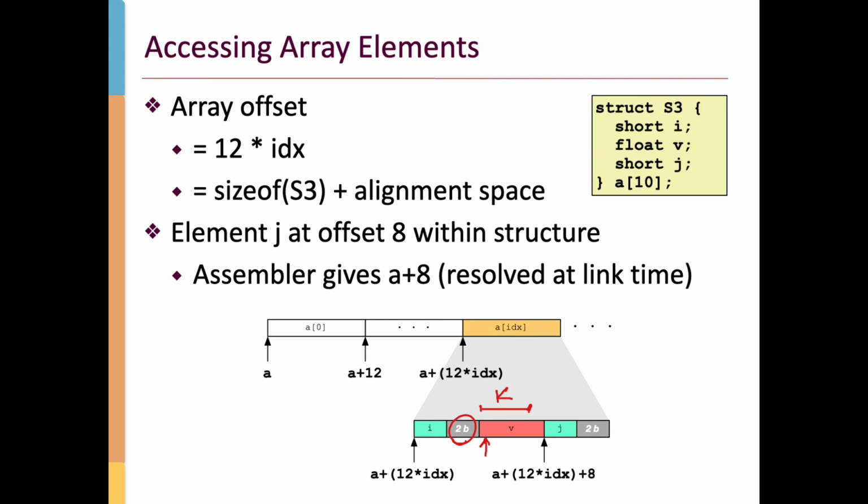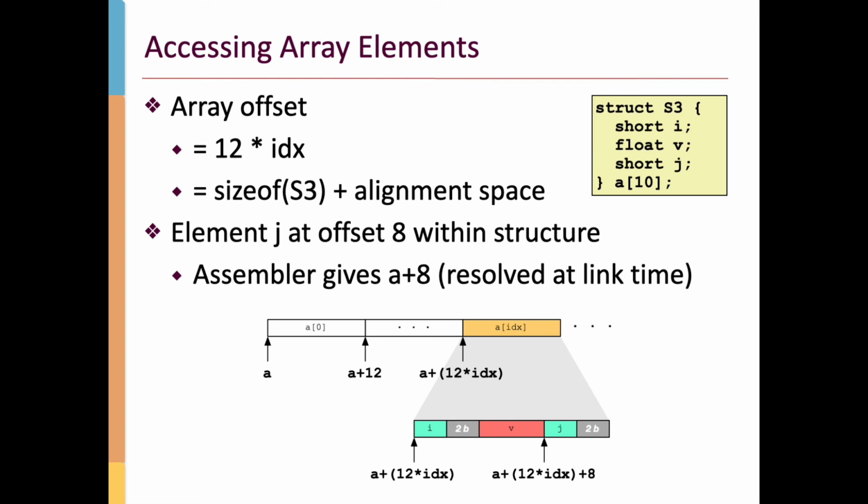This is the value that we were talking about as capital K before. That says that the overall size of the structure in memory has to be a multiple of K. We've allocated only the short j here, but that's not a multiple of K. We have to add these extra 2 bytes to pad it out to be a multiple of K bytes overall.